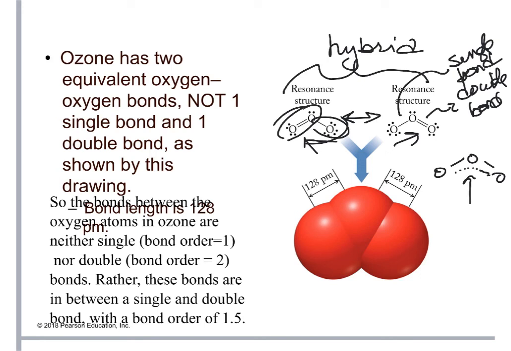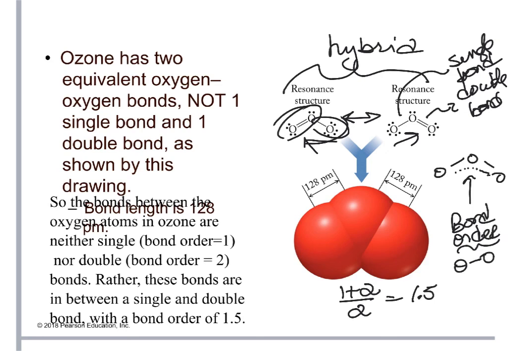Okay, but if you average 1 plus 2, right, and you average it, what are you going to get? 1.5. So what we say is that the bond order, that means how many bonds are there, one, single, double, triple, the bond order for oxygen-oxygen in ozone is 1.5.